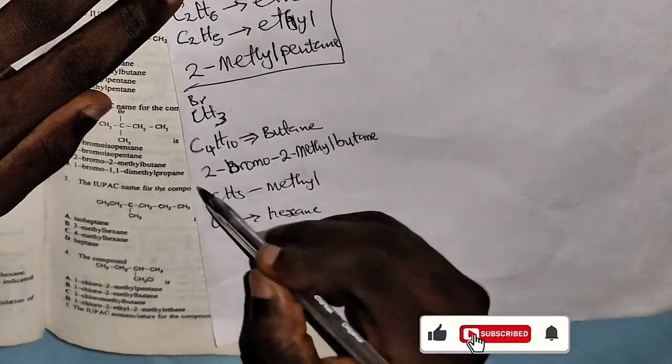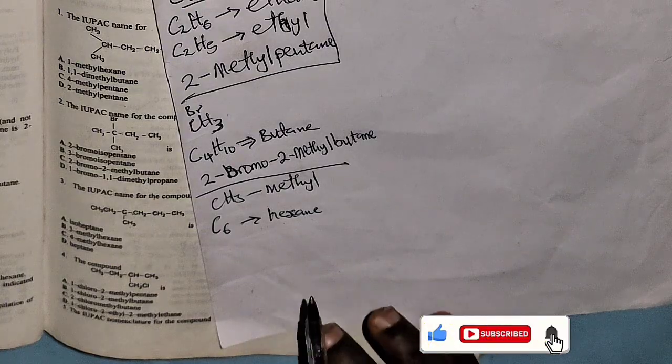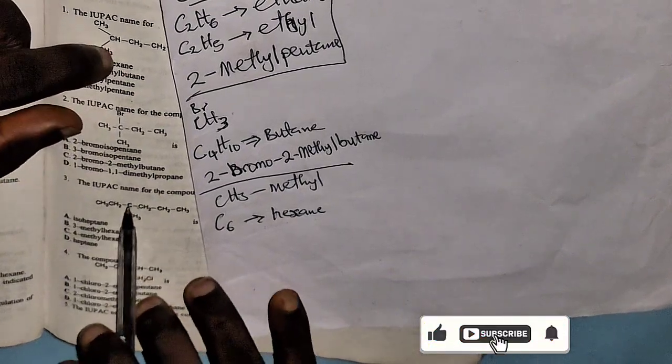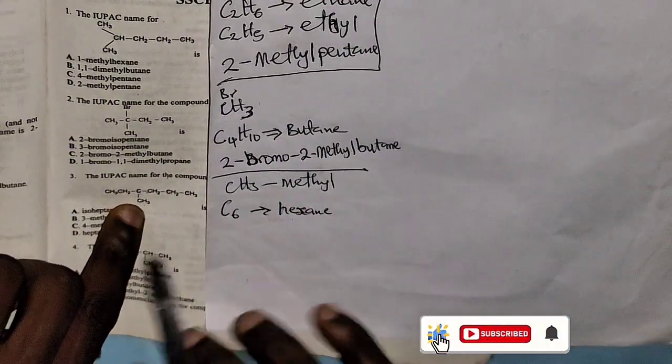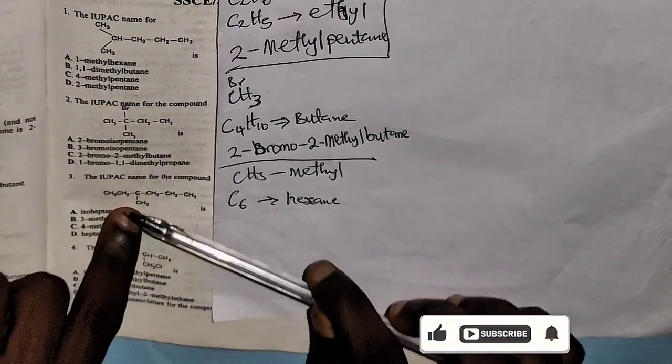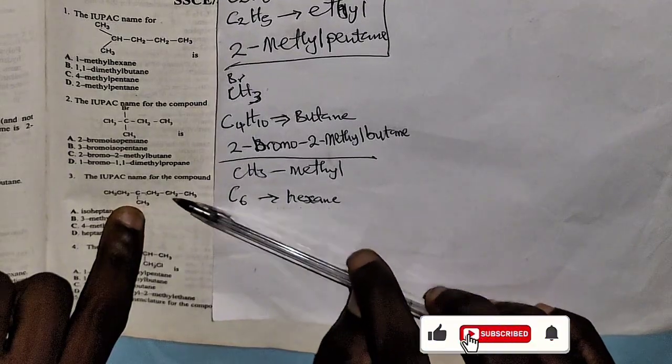Now to name it. As I said, always start with the substituent. So starting with the substituent here, which is methyl. But the methyl is attached to what carbon? Since you must consider the numbering, you have to begin like this: 1, 2, 3, 4, 5, 6. Why?